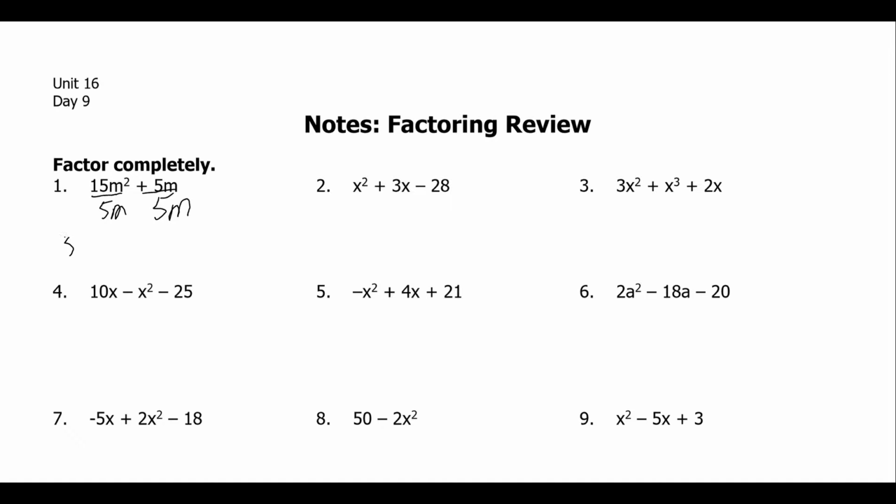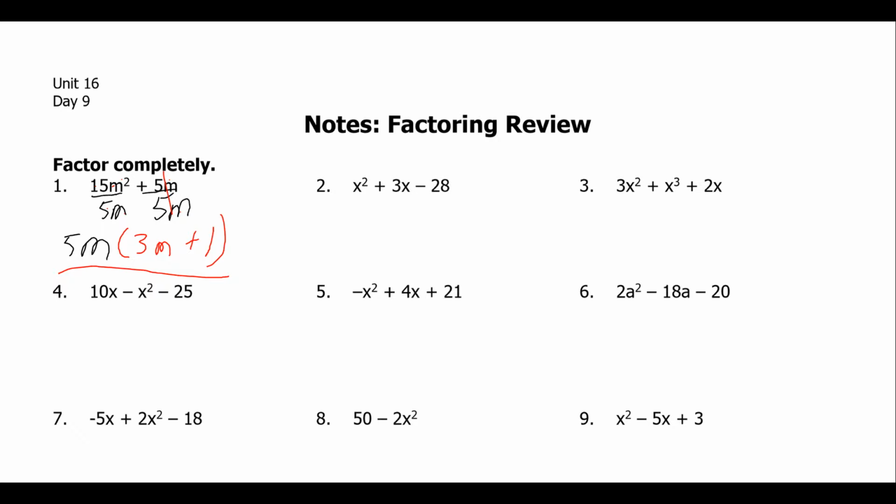Now that's going to be 5m on the outside of, well, whenever we go to divide this 5m by 5m, that's going to be 1. And then 15m squared divided by 5m, well, that's 15 divided by 5, that's going to be 3. M squared divided by m is going to be m. And there's the answer.